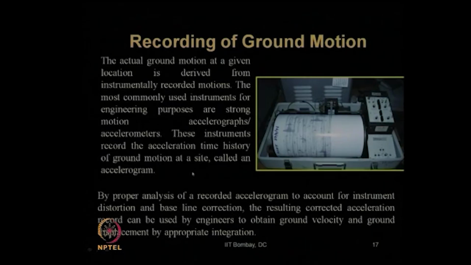Because as we know, as we are measuring the acceleration, if we integrate that acceleration with respect to time, first we will get velocity, and further if we integrate, we will get the displacement. So, velocity variation as well as the displacement variation with respect to time also can be obtained from this recorded ground motion data.